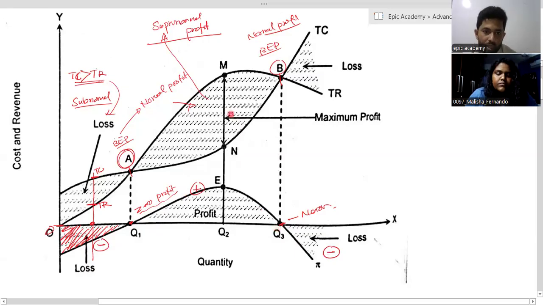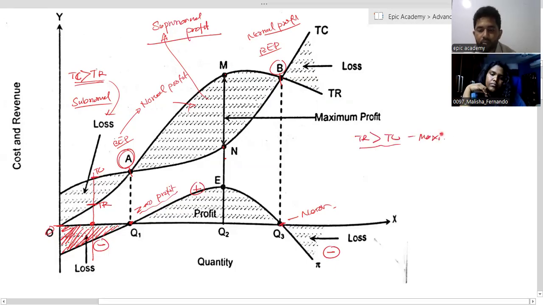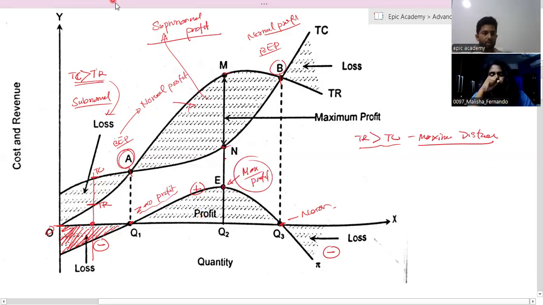So at that point, in between the two break-even points, the maximum distance between TR and TC. TR greater value, TC, this is the maximum distance. At the maximum distance point, you can earn the maximum possible profit or maximum point of the profit, isn't it? Yes. Maximum point of profit.